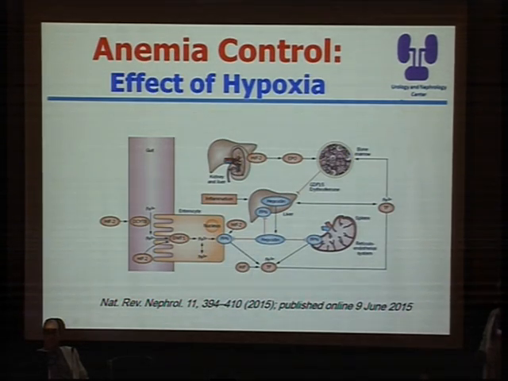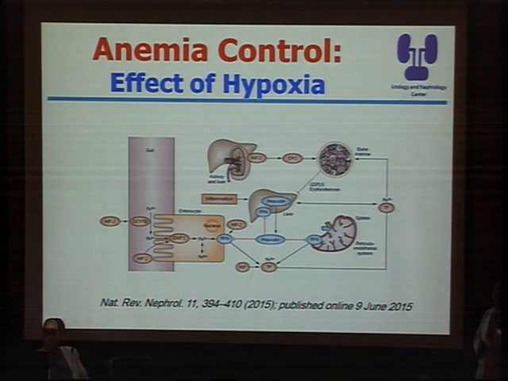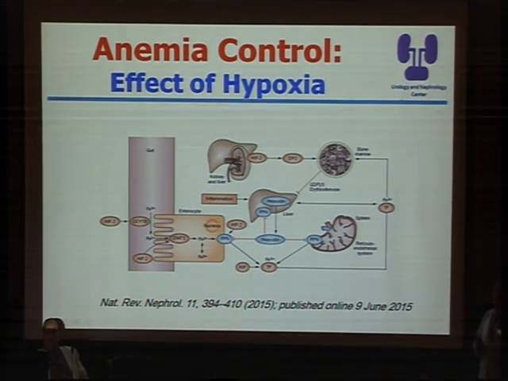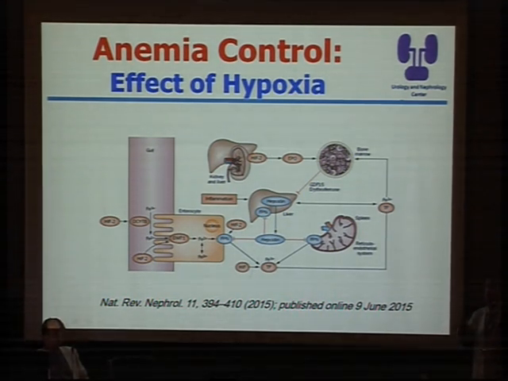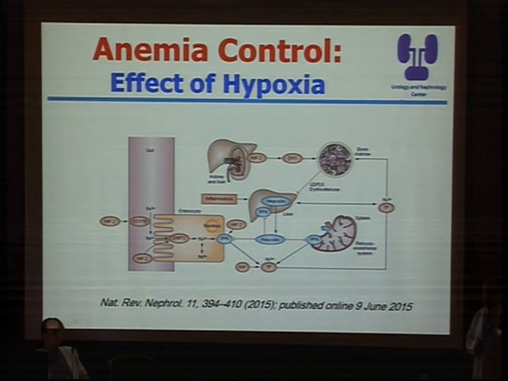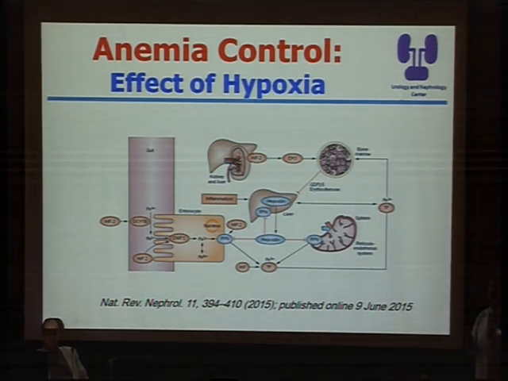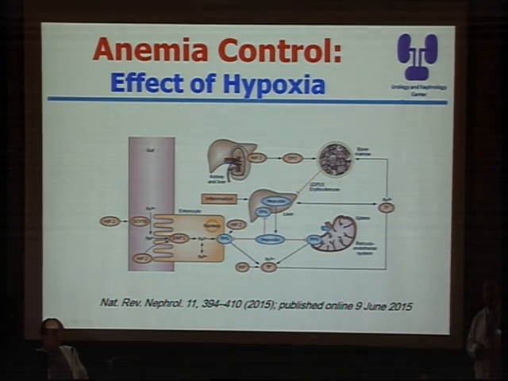This is a new innovation in the management, which is hypoxia, because they proved that hypoxia stimulates erythropoietin release. Hypoxia stimulates iron release from the reticuloendothelial system. Hypoxia increases absorption of iron.